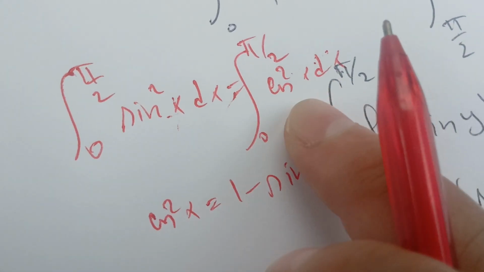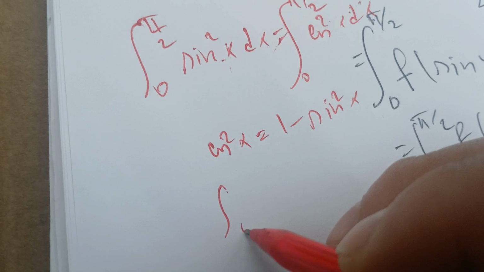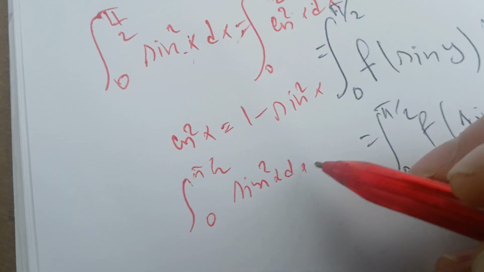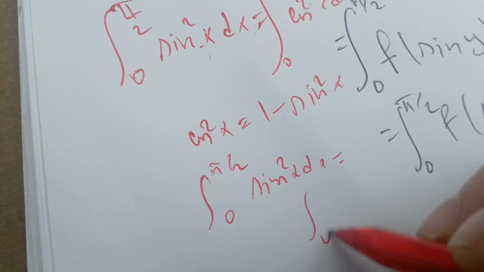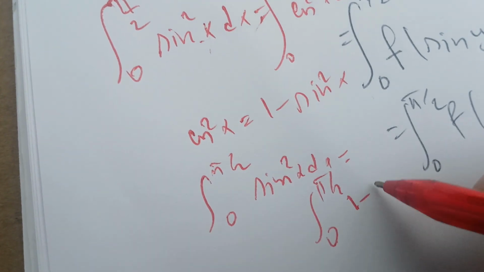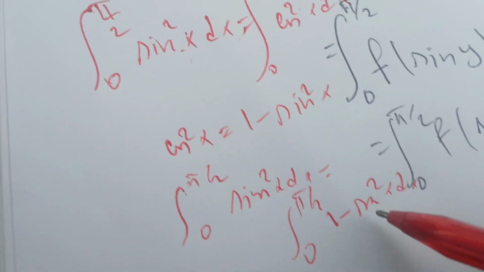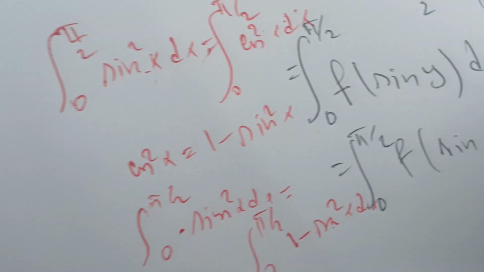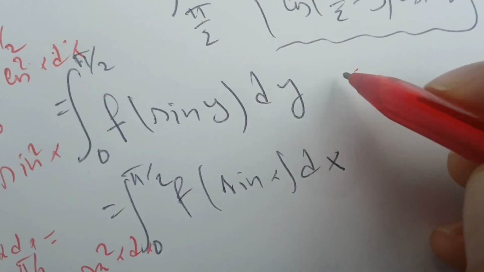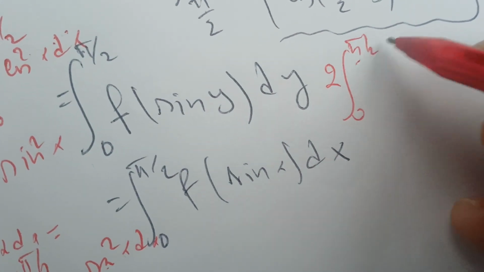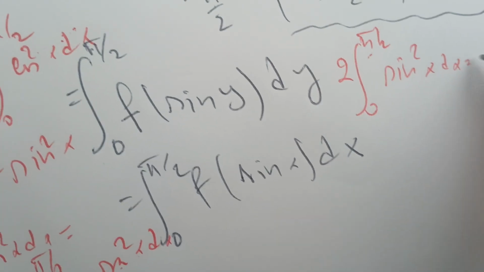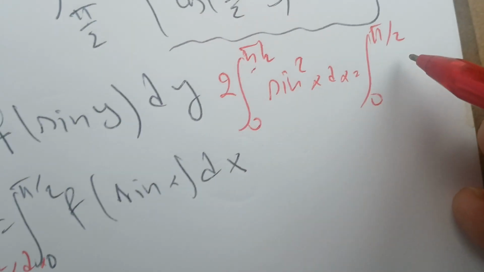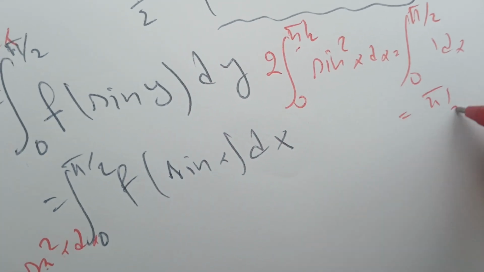If I use that, I'm going to put it here, and therefore I have the integral between 0 and pi over 2 of sine squared of x dx is the integral between 0 and pi over 2 of 1 minus sine squared of x dx. I'm going to bring sine squared of x to the other side. I'm going to have 2 times the integral between 0 and pi over 2 of sine squared of x dx is going to be the integral between 0 and pi over 2 of 1 dx, which is pi over 2.